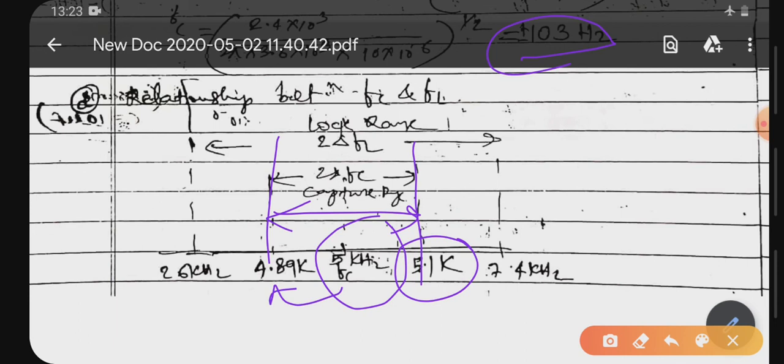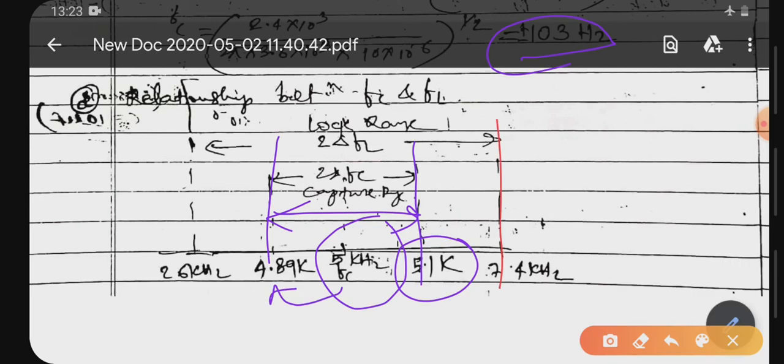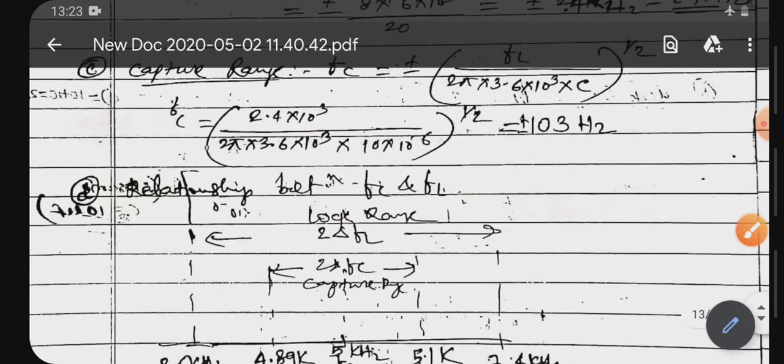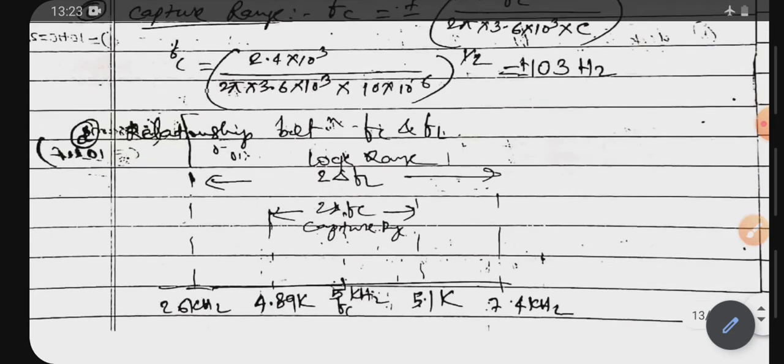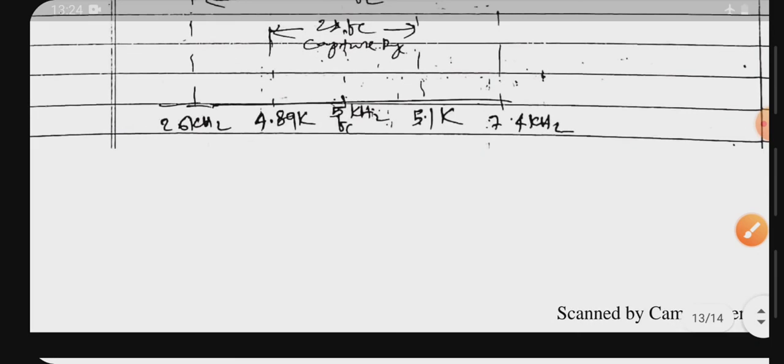Similarly, this is the upper edge and lower edge of the lock range. We have added the positive 2.4 kilohertz to get the higher edge and we have subtracted the lock range value to get the lower edge. Okay, so this is the relationship between FC and FL. Such type of problem can be asked in the exam.